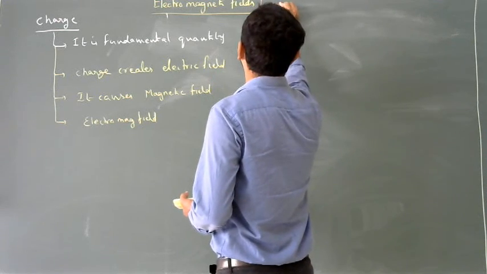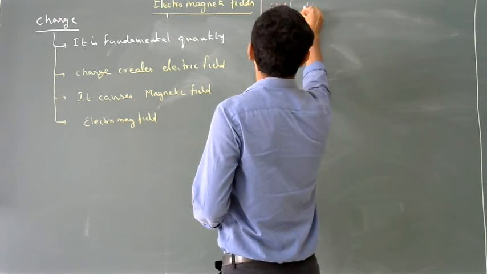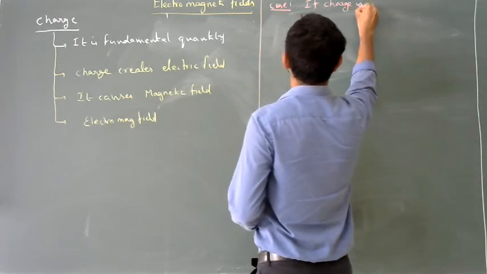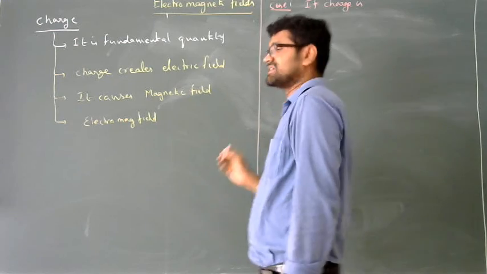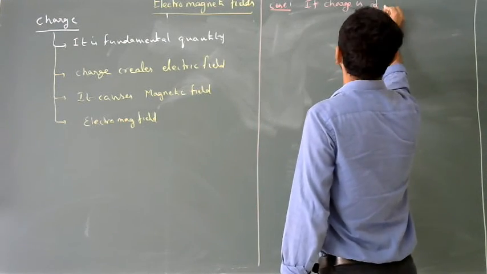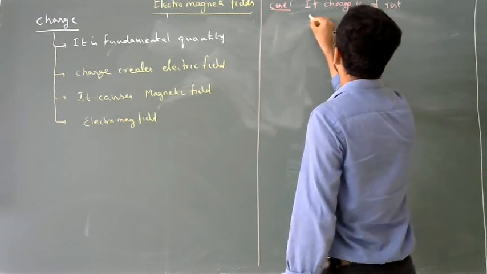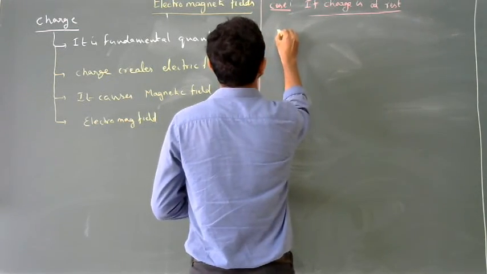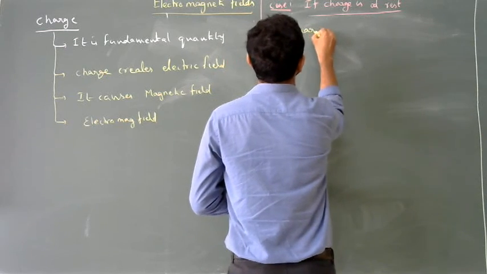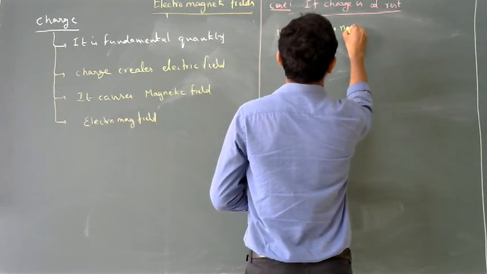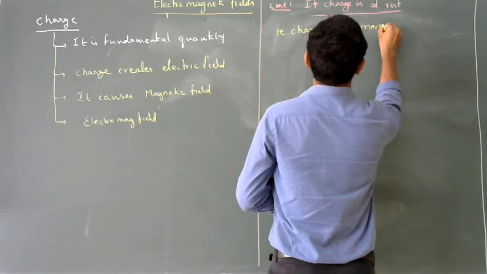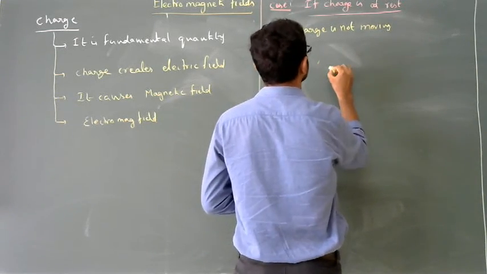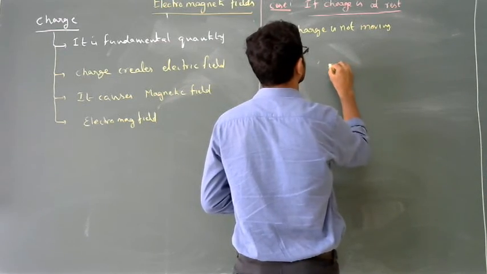In case 1, charge is at rest, which means the charge is not moving. Say at any one particular point a charge is there, a body is charged, say positive charge.